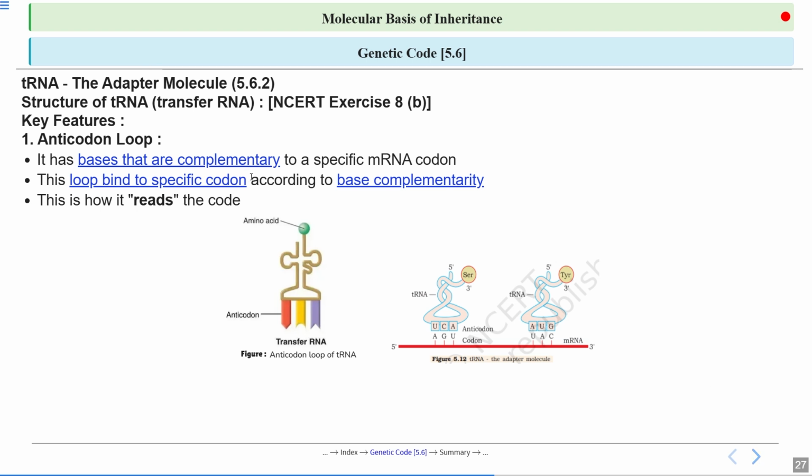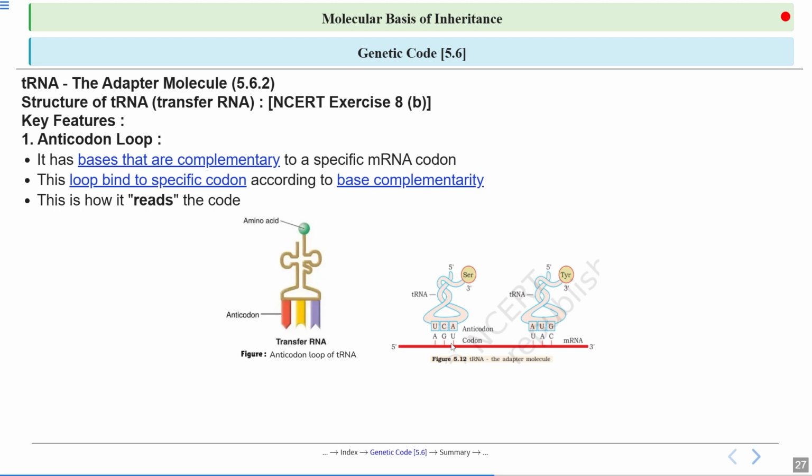So this tRNA has this anticodon loop. And this anticodon loop has nucleotides that are complementary to the specific mRNA codon. For example, this codon is AGU.